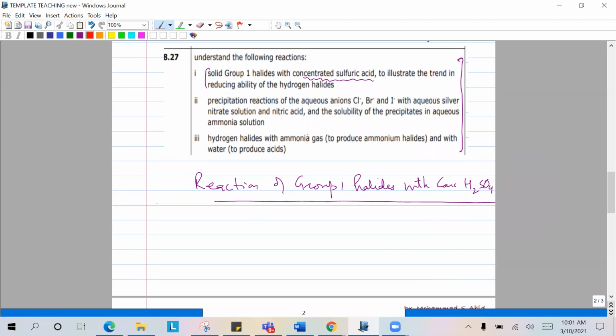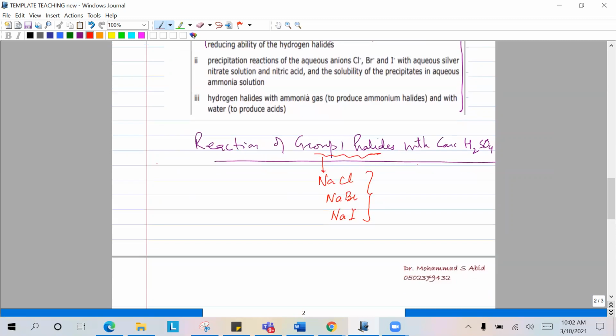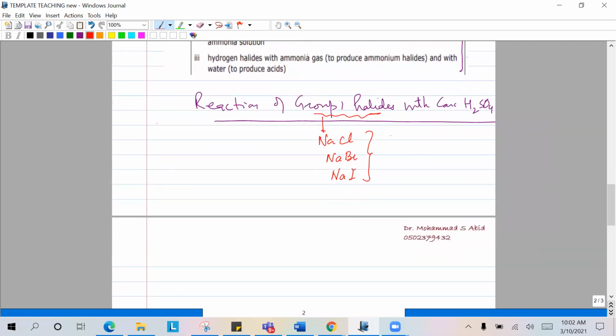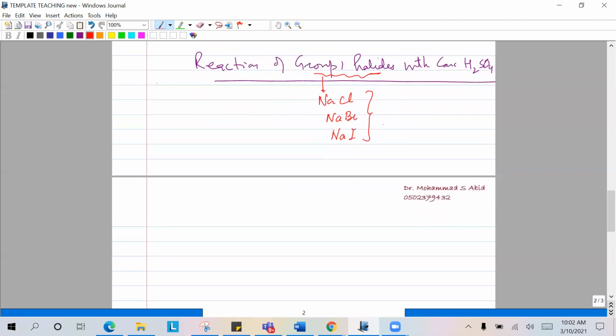Now, when you say group 1 halide, it means I can take NaCl, KCl, anything, and what we will do is we will take one time NaCl, another example we will take NaBr, and the third time we will take the example of NaI. So these were the three different halides. Now Na is a spectator ion. I'm teaching you maybe in terms of Na. In your exam, they may give you in terms of KCl, KBr, and KI. So that doesn't matter. So let's start with the first one.